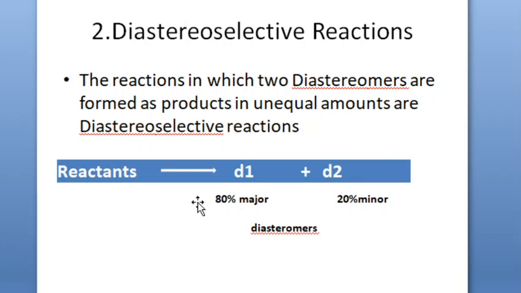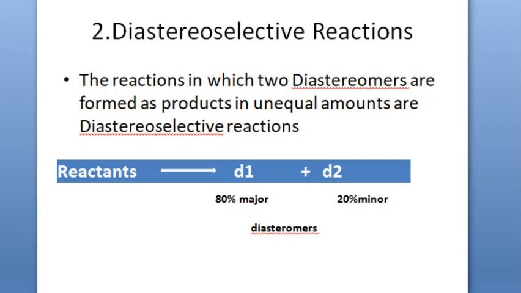So let us see the other type of stereoselective reaction, that is diastereoselective reaction. Simply, such kind of stereoselective reactions where you get products as diastereomers.